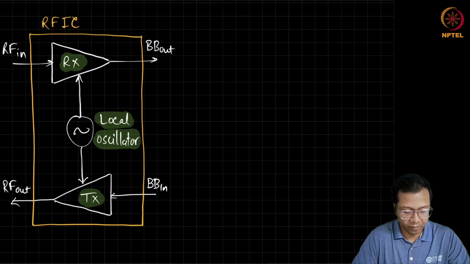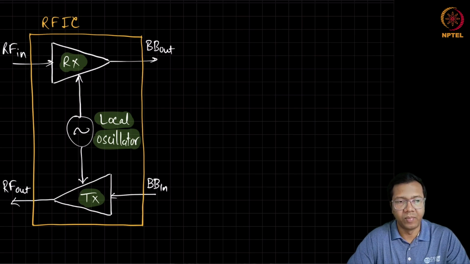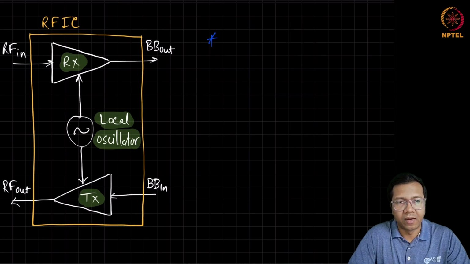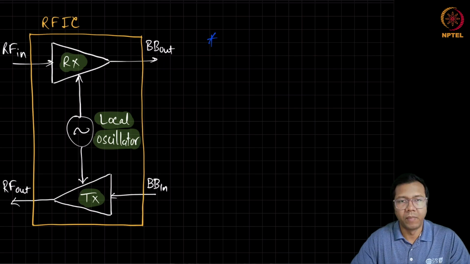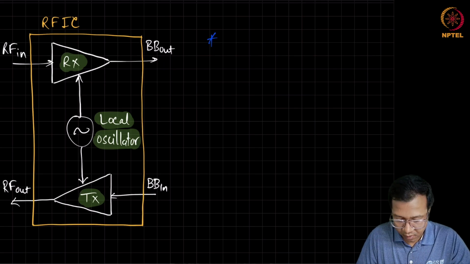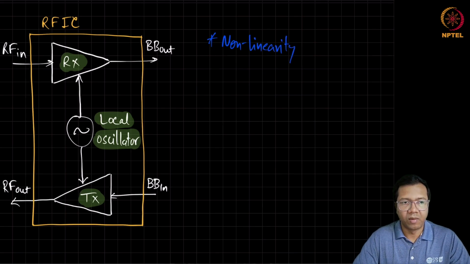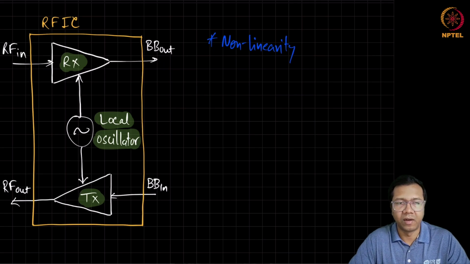When we need to understand these building blocks, it is important to also know how to characterize the non-idealities which may be present in a circuit in the context of designing this receive chain, transmit chain, and local oscillator. Mainly, we will look into non-idealities like non-linearity, which is present because all these building blocks will be designed using active devices.